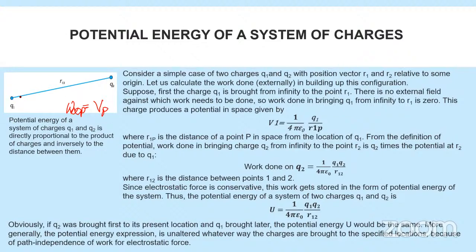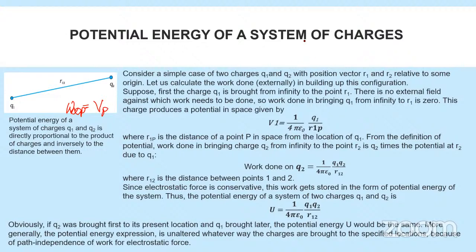So in the terms that we are concerned with, the potential produced when you bring the charge Q1 to this point from infinity is given by the normal equation that we have seen: V equals 1 by 4 pi epsilon 0 Q1 upon R1P. R1P is the distance of a point P in space from the location of Q1. Suppose we brought it from any point to the current point, so that is R1P.